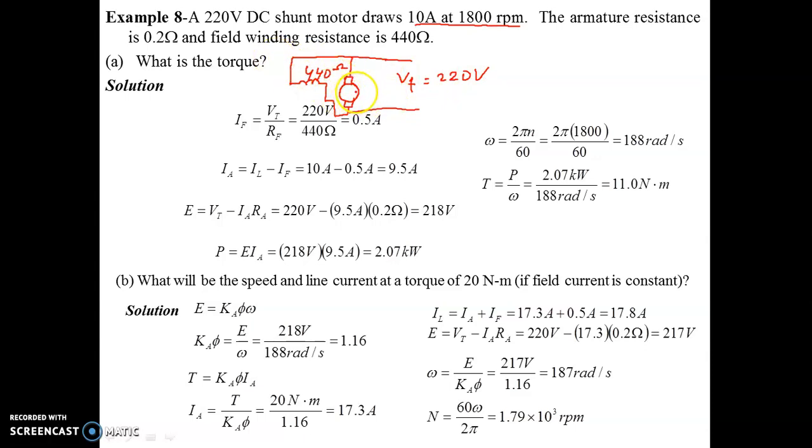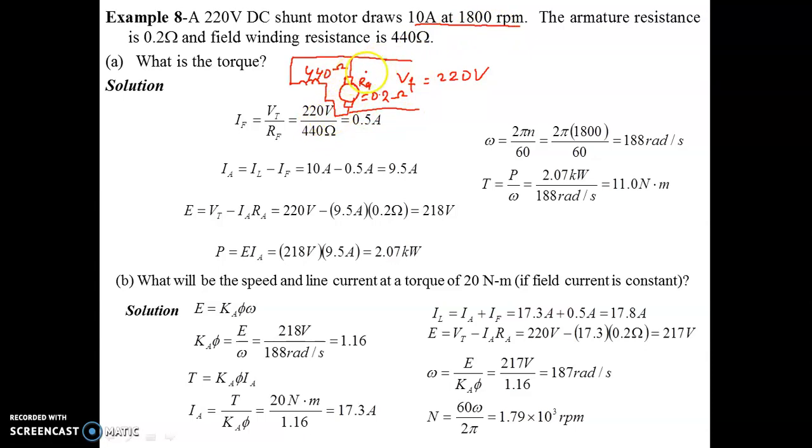And the armature resistance here, Ra, equals 0.2 ohm, field resistance 440 ohm, and the shunt motor draws 10 ampere at 1800 rpm. The rotation is 1800 rpm.